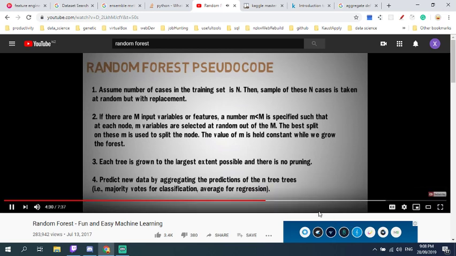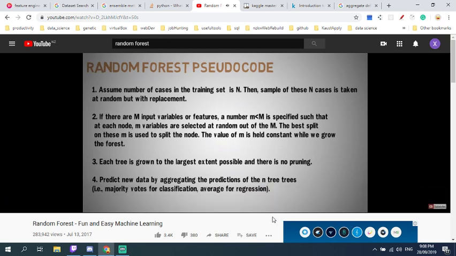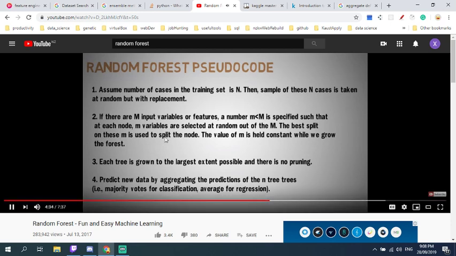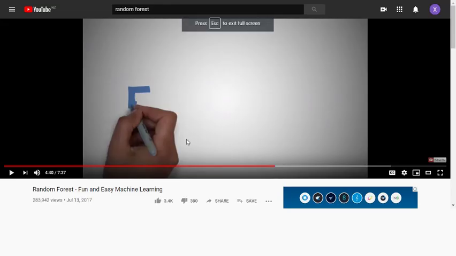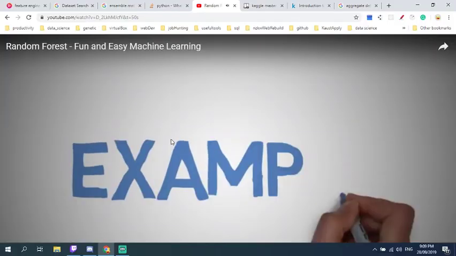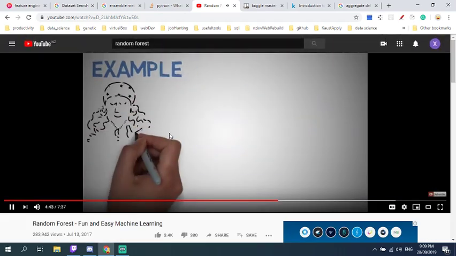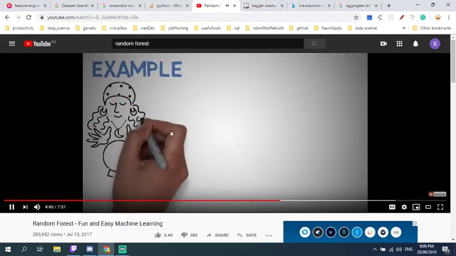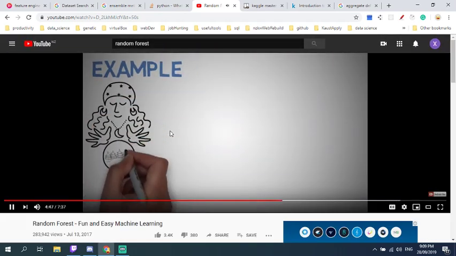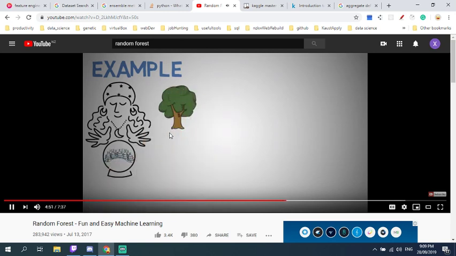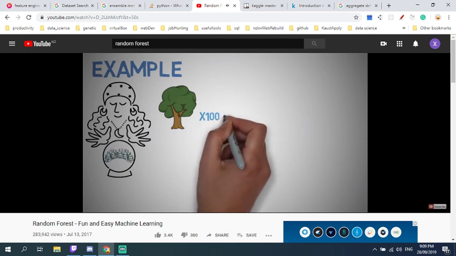And then we predict the data by aggregating the predictions of the n trees, which means majority votes for classification and average for regression. To perform the predictions using the trained random forest algorithm, we need to pass the test features through the rules of each randomly created tree. Suppose, let's say we formed 1,000 random decision trees to form the random forest.